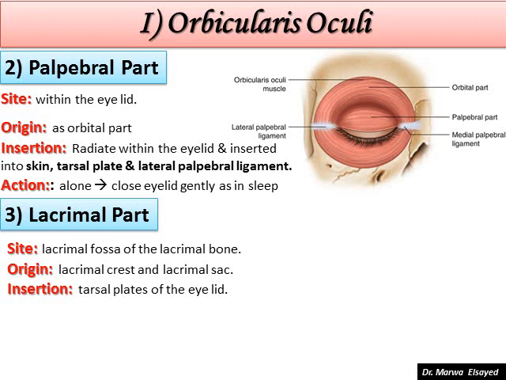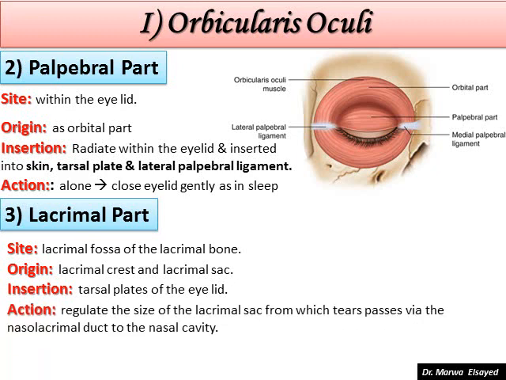The action of this part is important in regulating the drainage of the tears by controlling the size of the lacrimal sac. So it helps drainage of the tears into the nasolacrimal duct and to the nasal cavity.